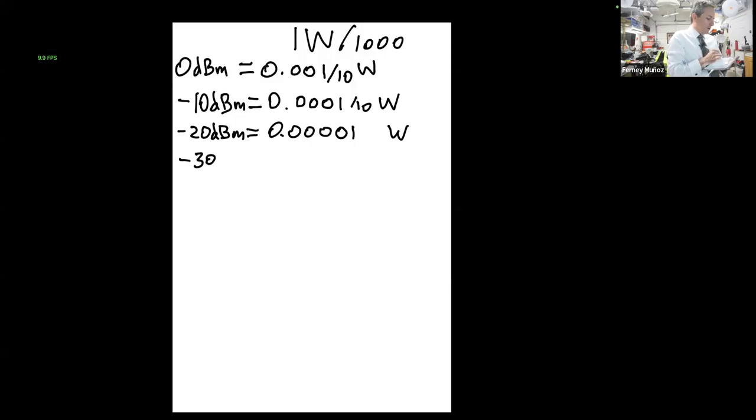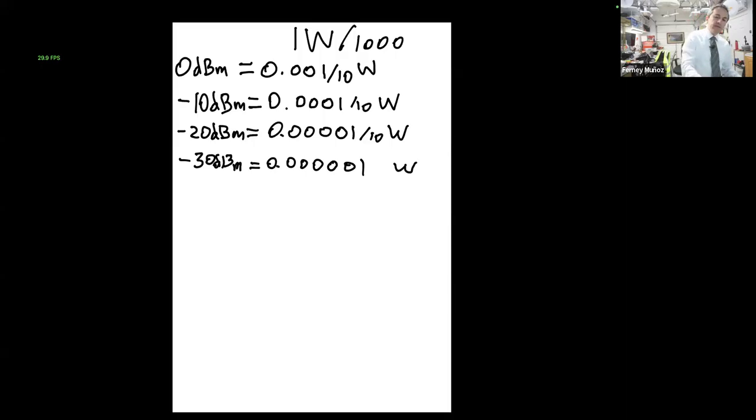Go down 10 more dB to minus 30 dBm. What does minus 10 mean on the other side? Divide by 10 again. Now we have a tenth, 100, 1,000, 1/10,000, 1/100,000, 1/1,000,000th of a watt.